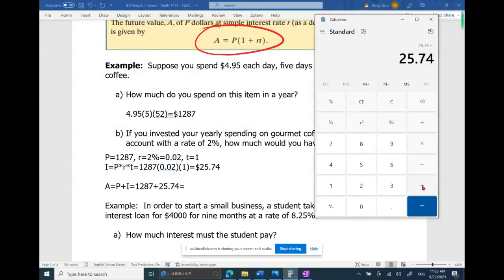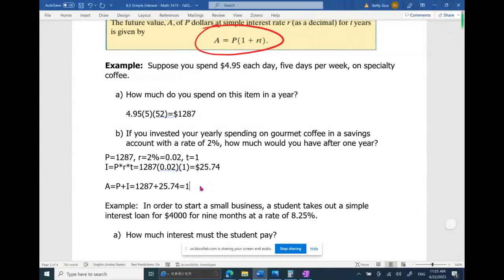So we add that to $1,287. $1,312.74. That's how much money you would have after 1 year.